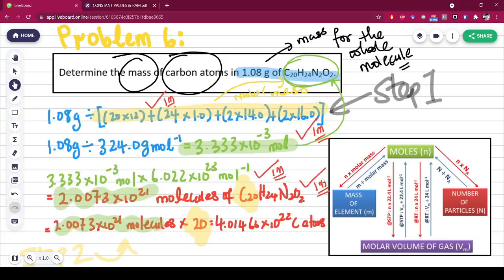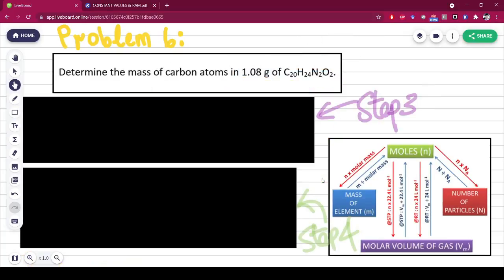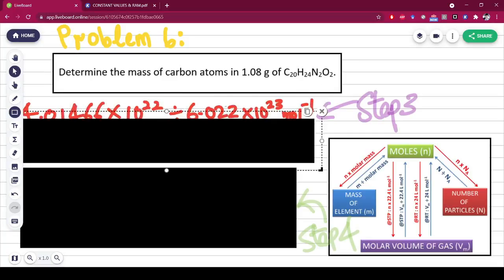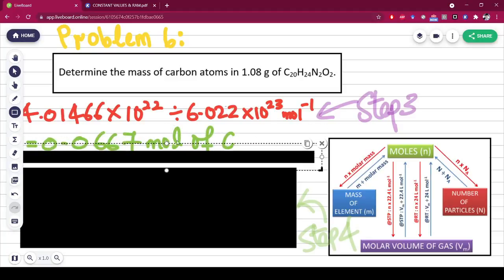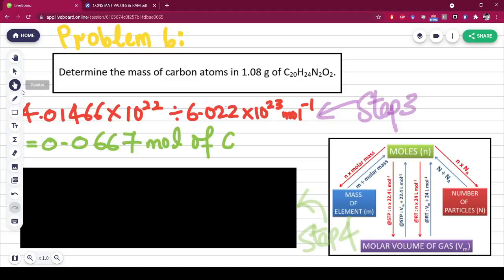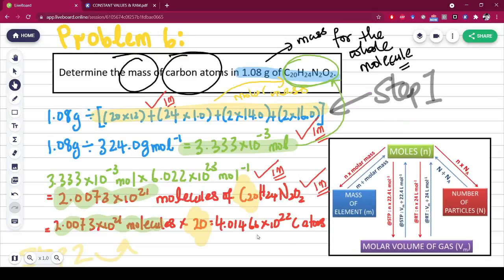So to find the mass of carbon atoms, we're going to move on to step number 3. So what do we need to do in step number 3? You're going to take the number of carbon atoms. So this is the number of carbon atoms just now, the one that we have worked out from here.